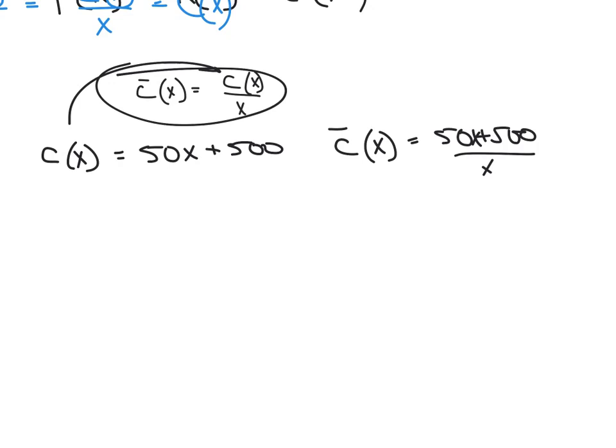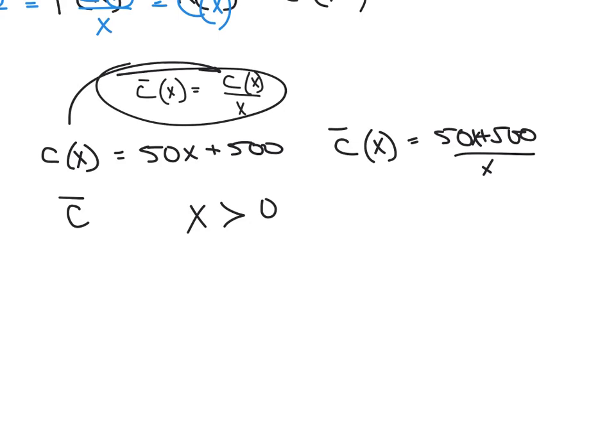All right, so for which input values is the average cost defined? Well, obviously that would be anytime the number of roses sold is greater than 0.